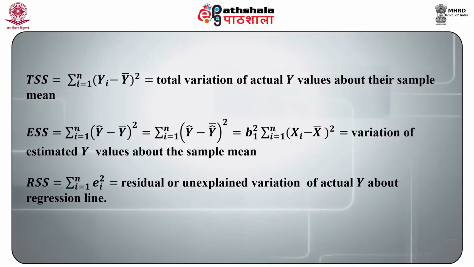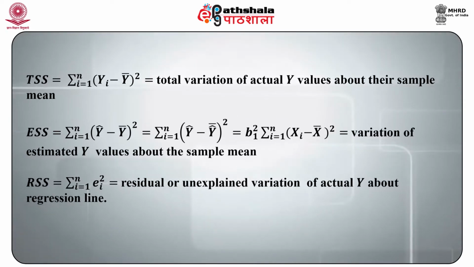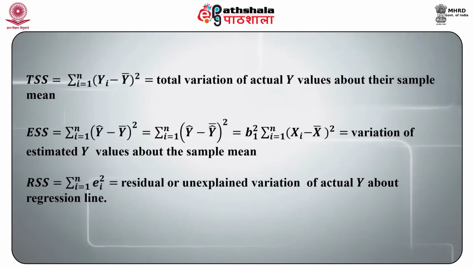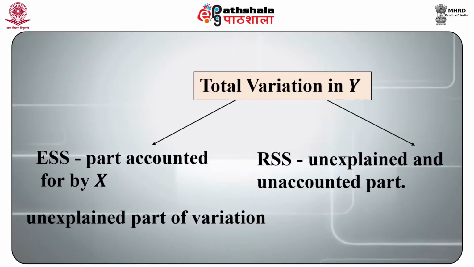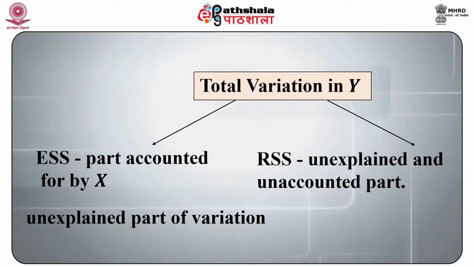So I hope you understand what is total sum of the squares, what is explained sum of the squares, and what is the residual sum of the squares. Therefore, I can say that the total variation in y can be decomposed into two parts.